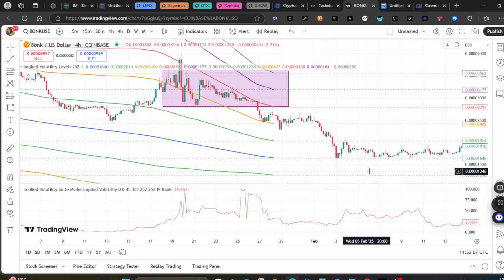Now, one thing to note is how implied volatility affects the pricing of options. IV is a key component in determining the value of an option. Higher IV means higher premiums, and lower IV means cheaper options. If you are a trader who uses options, understanding the relationship between IV and option prices will help you identify the best opportunities for entering trades.